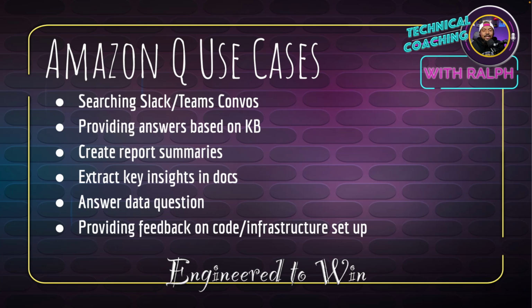It can answer data questions as well, so it can create Power BI queries. If you ask it for the information you need, it's going to go and search and put it together for you. And it can provide feedback on code and infrastructure setup. For example, if you were trying to set up an EC2 instance in a different VPC and it's not working, you can ask it and it can give you some guidance and pointers.